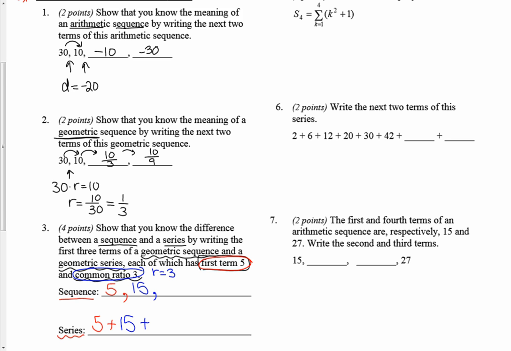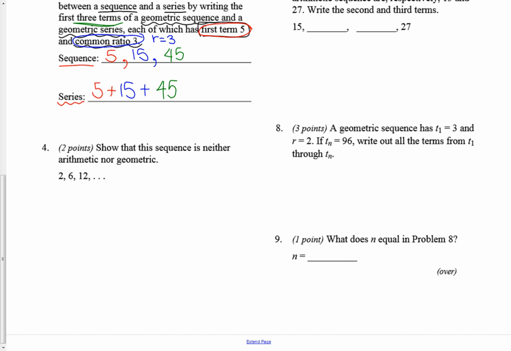I'm supposed to list the first 3 terms, so I need to do this one more time. If I take 15 times 3, that gives me 45. And I can add that also to my series list. You must recognize the difference between a sequence and a series, and you have to read the directions to see that we need to write 3 terms and need to make it geometric.